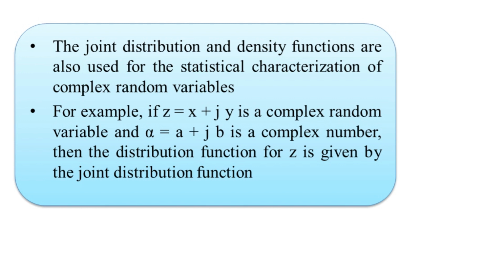Taking them into the complex representation, the distribution function and the density function shall have modified formulations. For the joint distribution function, represented by capital F always, capital F suffix z represents the complex random variable, and F suffix z as a function of alpha is determined by the probability of x less than or equal to a, y less than or equal to b.